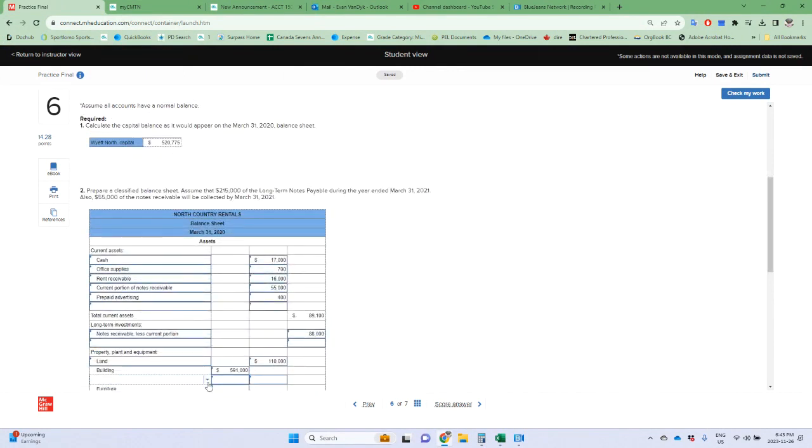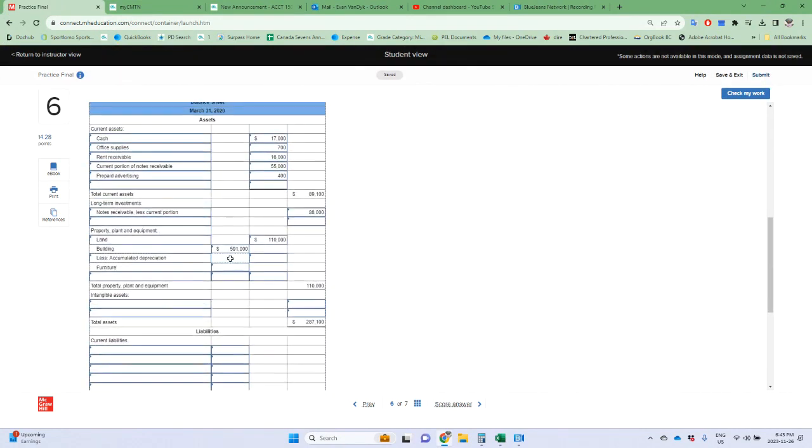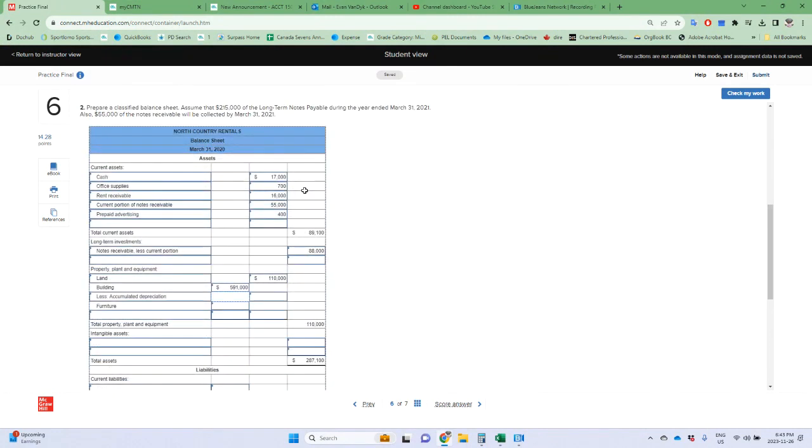That's our accumulated depreciation of 25,000 for a balance of 586.